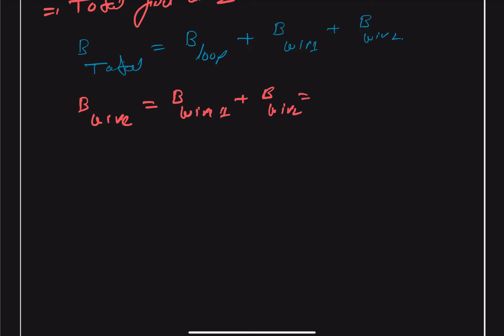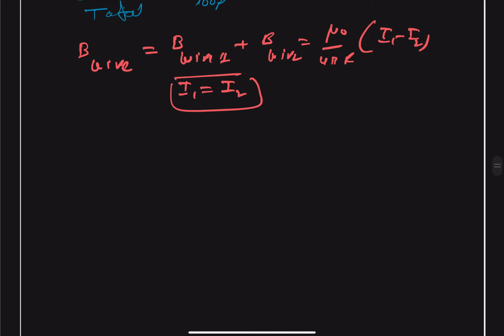We simply substitute their values. We get mu naught upon 4 pi r, and we get I1 minus I2, but it is said that current I1 should be equal to I2 in this particular case. So this gives us that B wire will be equal to 0.